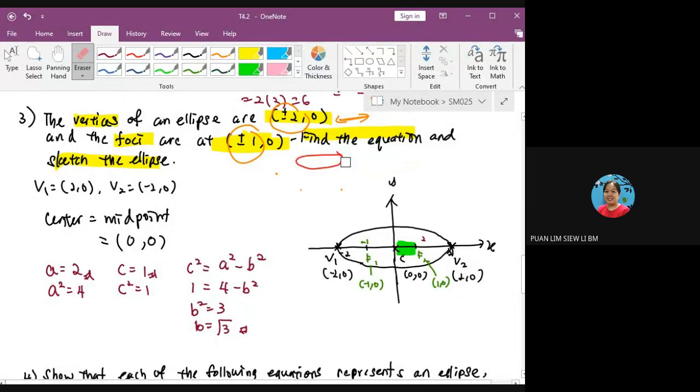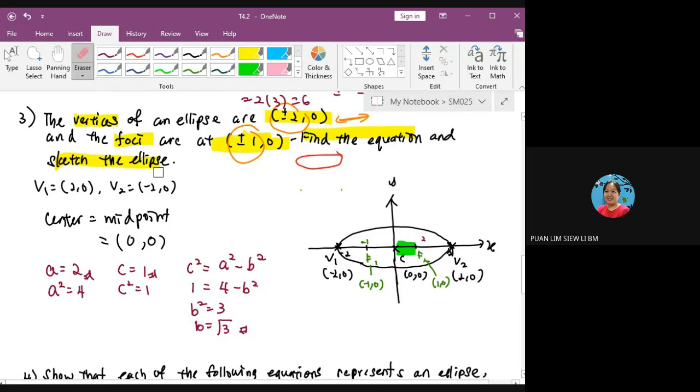So sekarang kita boleh nyatakan apakah equation. So what's your equation? Koordinat. Kita punya formula ialah x minus the center. So our center is 0.